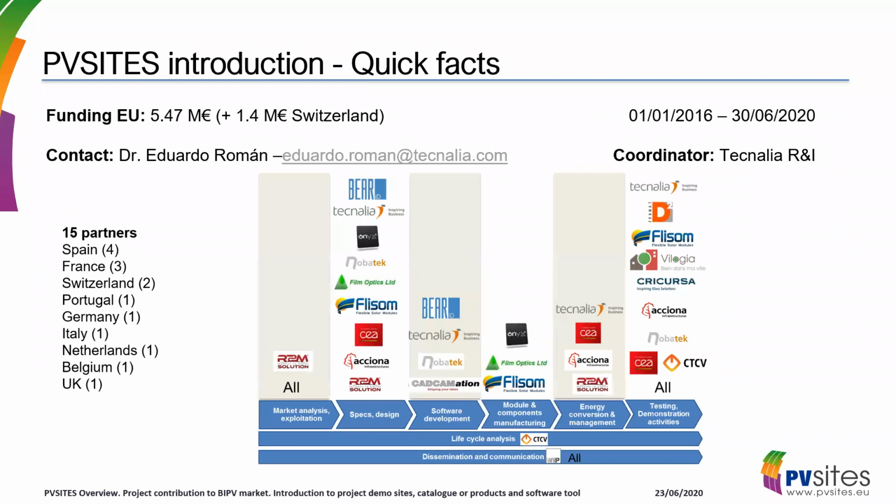There are 15 partners from 9 different European countries, so a very European-wide project, covering, as you see in the picture, the whole value chain of the technology. So including all the phases from the market to the design, specifications, development of products, energy conversion and management, testing. We are companies, research centers, universities, big companies, small companies. At the end, it's a mix of European organizations in this consortium.